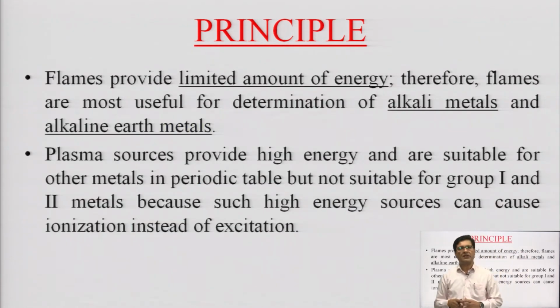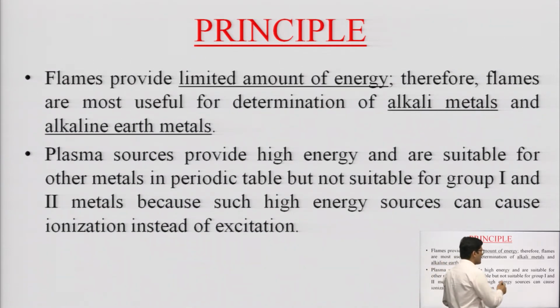But there is one limitation: the flame provides a limited amount of energy. So, it is not able to cause excitation of all the elements present in the periodic table, due to their different electronic configurations or atomic arrangements. Therefore, flame is particularly useful for the determination of group 1 and group 2 metals, also known as alkali metals and alkaline earth metals.